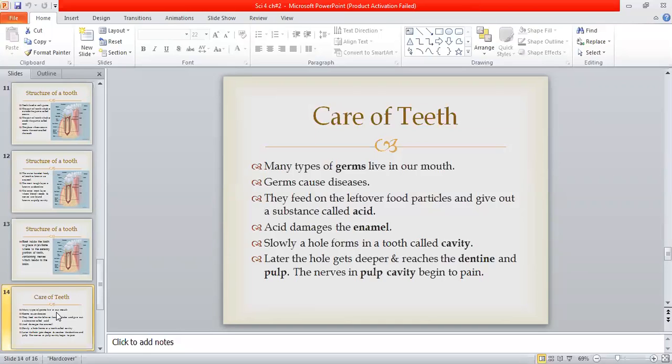They produce a substance called acid in your mouth.